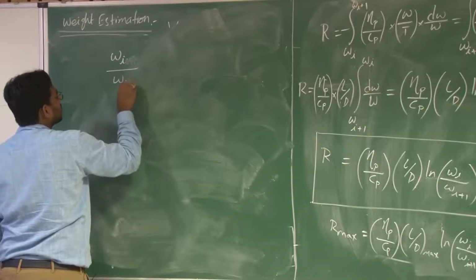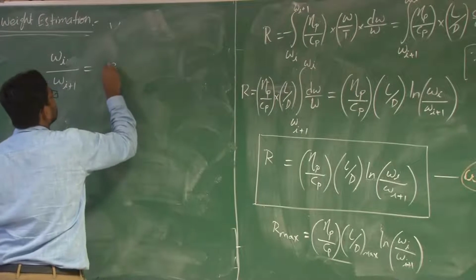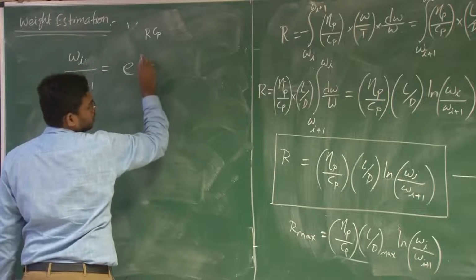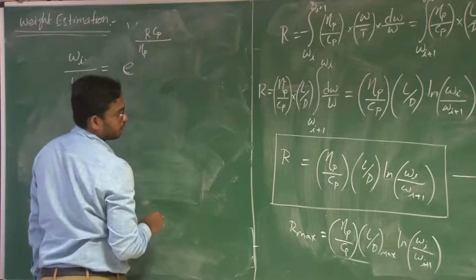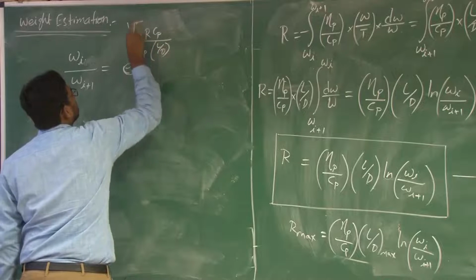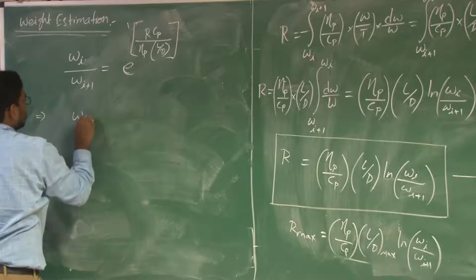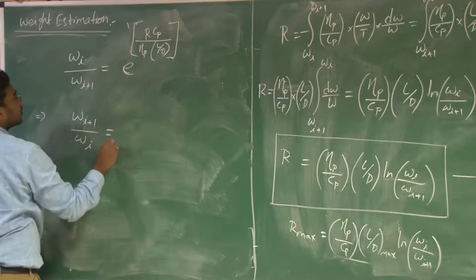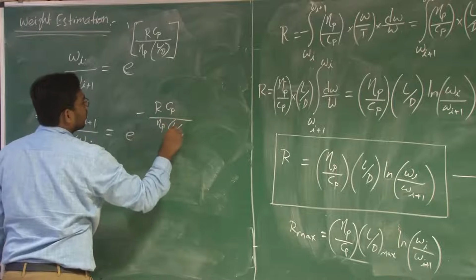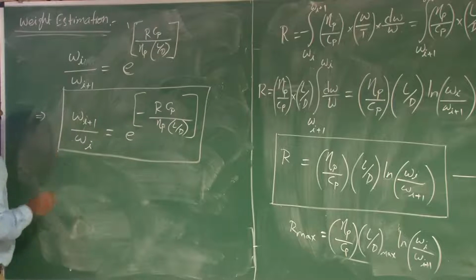Wi by Wi plus 1 is equal to e raised to the power of R into Cp by eta p into L by D. Then Wi plus 1 by Wi is equal to e raised to the power of minus range into Cp by eta p into L by D. So this is your fuel weight ratio that you need to carry.